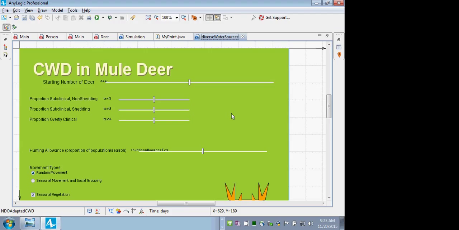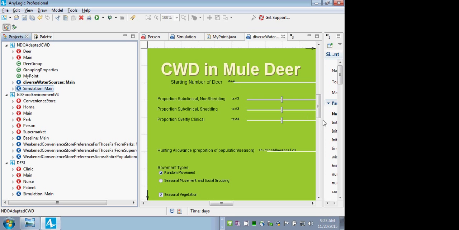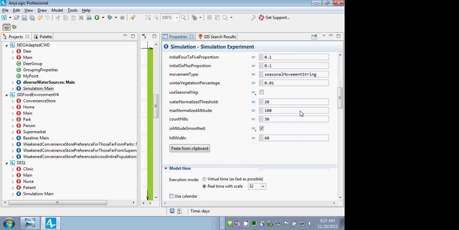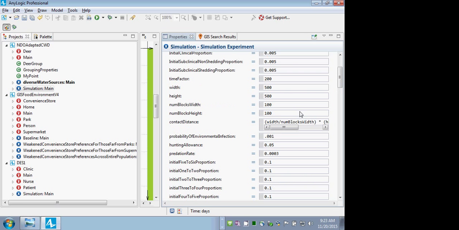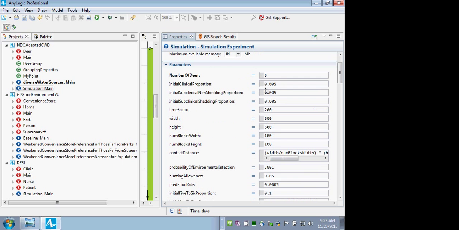So here you see the assumptions that are being used. For example, for the initial case, the initial number of subclinical non-shedding deer. So these are deer that are infected but not yet at the subclinical level, not yet at the clinical level, and not yet shedding.